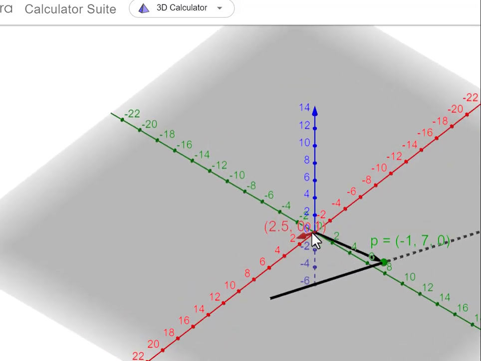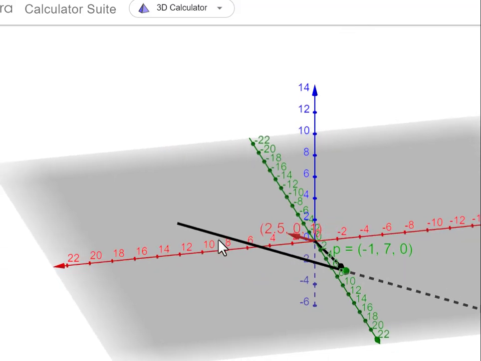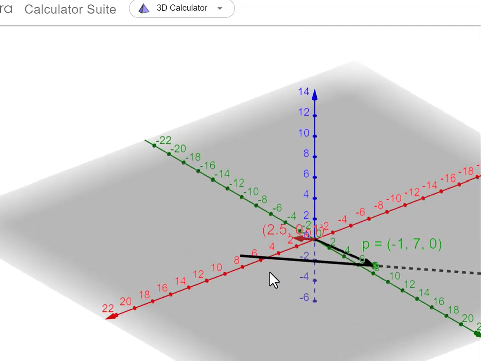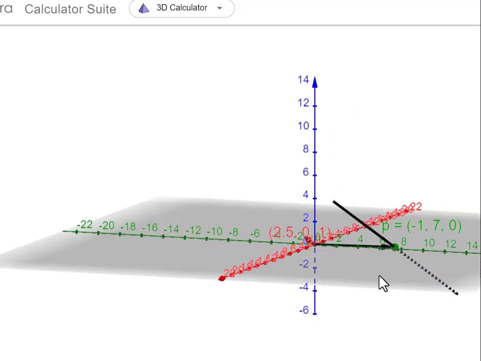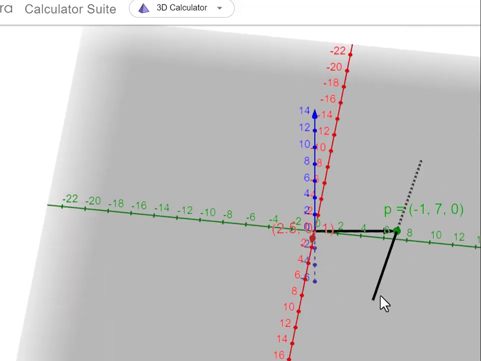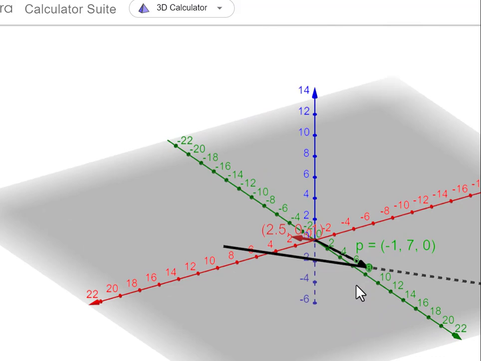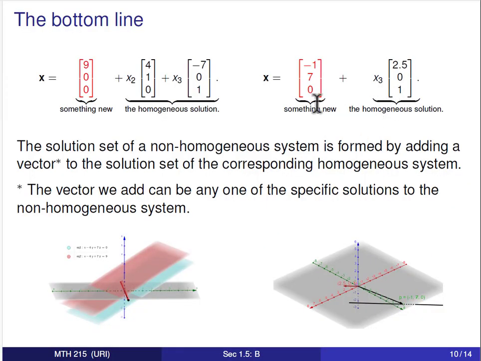We've got the vector (2.5, 0, 1) shown there, and we've got the solution set (-1, 7, 0) plus multiples of (2.5, 0, 1), and that solution set is modeled by this line that passes through the plane there. But as we move it around, you can see that that line is parallel to the vector (2.5, 0, 1), and it is shifted away from the origin by that vector (-1, 7, 0), as you see there.